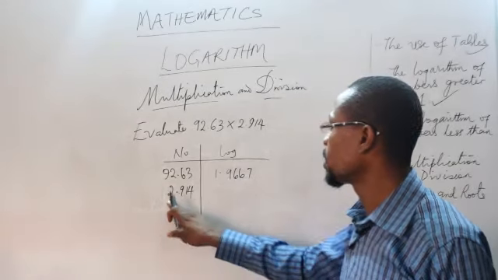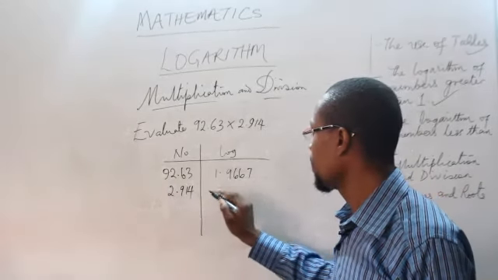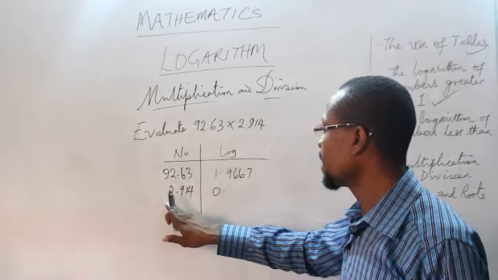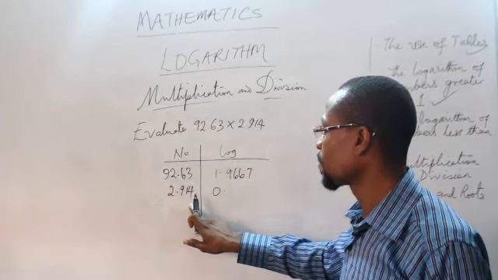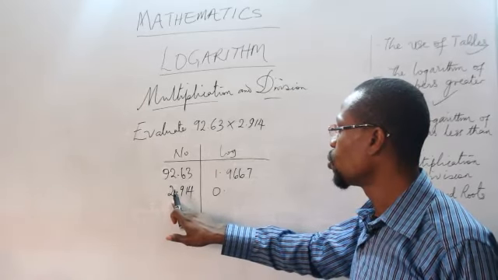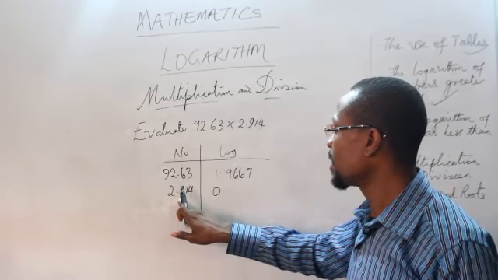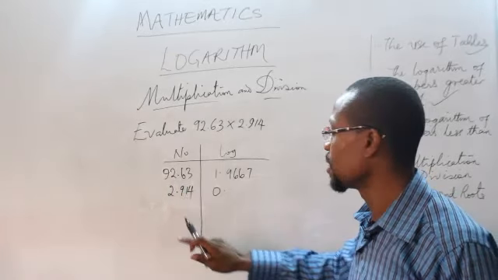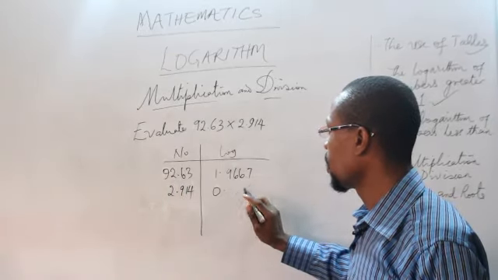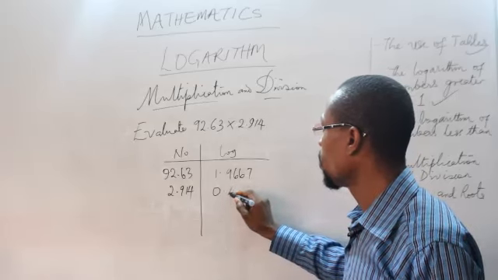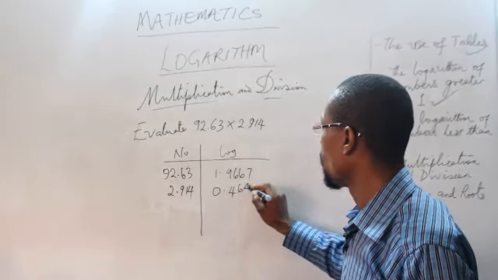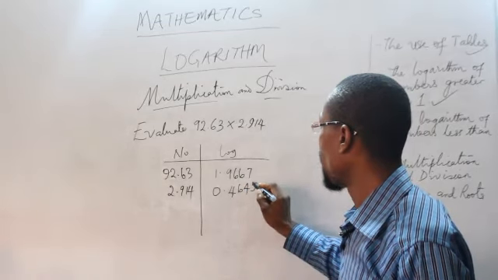Of course, what is our characteristic here? 0. Then we get the mantissa from 29, that is the logarithm of 29 under 1 difference 4. And that will give us 4, 6, 4, 5.